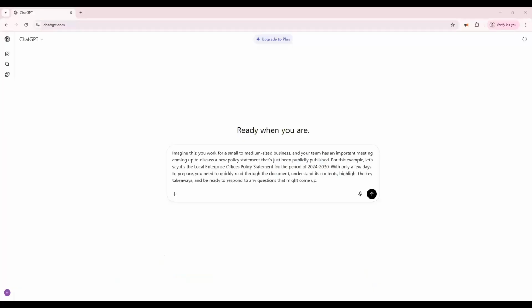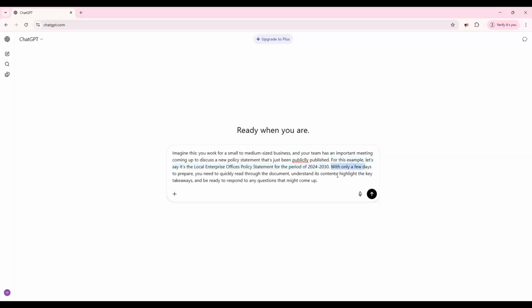So I want you to imagine this. You work for a small to medium-sized business and your team has an important meeting coming up, and it's to discuss a new policy statement that's just been publicly published. For example, let's say it's the Local Enterprise Office's policy statement for the period of 2024 to 2030.